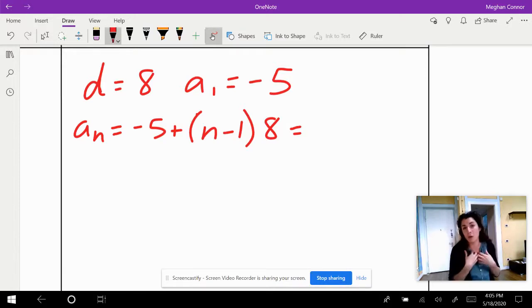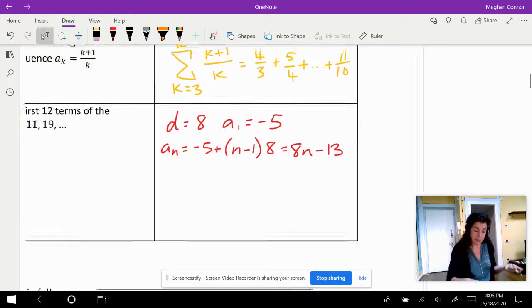So because of my own personal desire to have this look nicer, I distribute the 8 and then combine like terms. That'll be 8n, and then -8 with a -5 is -13. So that's the definition of this sequence.